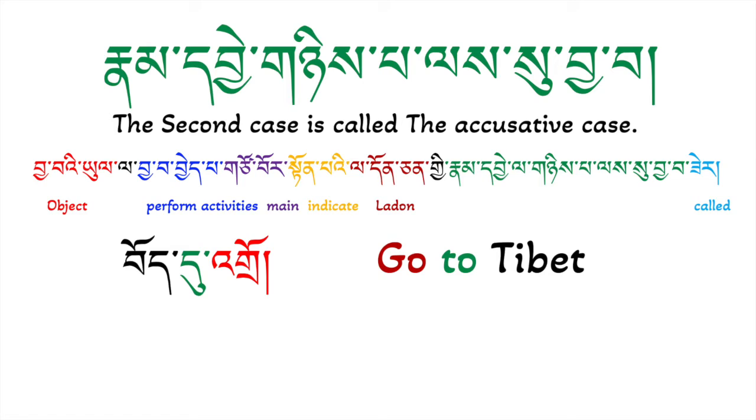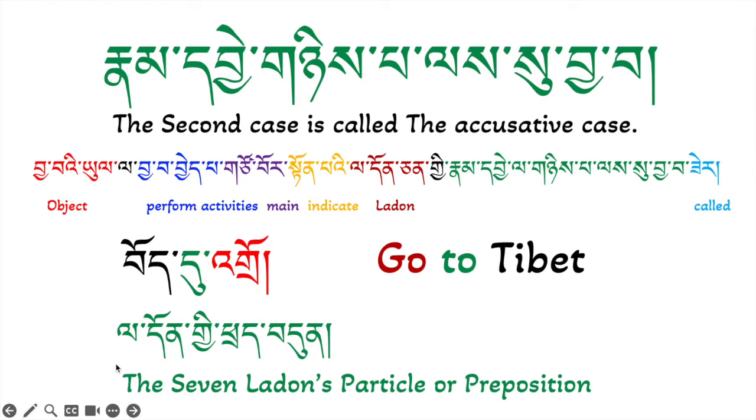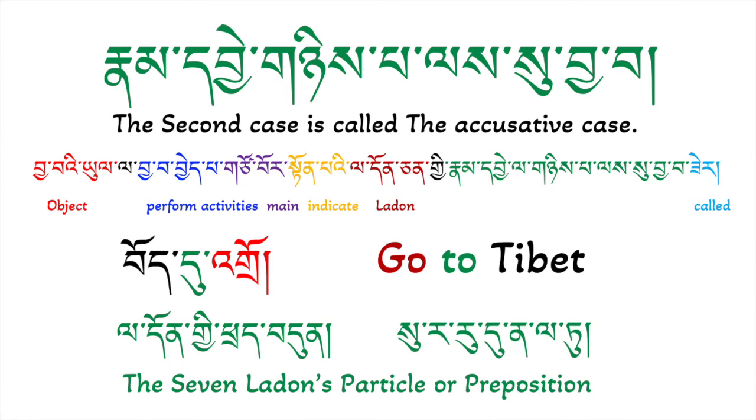Now, in order to make this sentence clearer, we have to have this Ladin gi te dun. Here is Ladin gi te dun, the 7 Ladin particles or prepositions that we have to keep in our mind. What are they? They are su, ra, ru, du, na, la, tu.